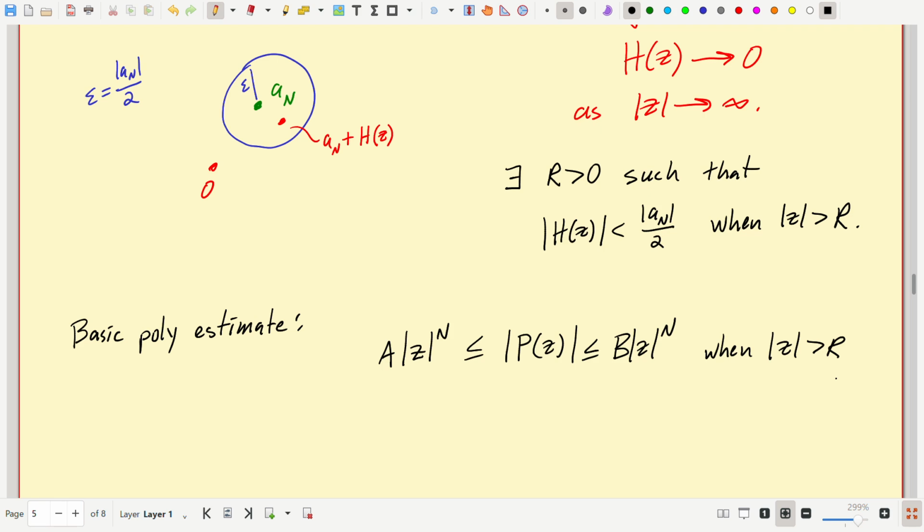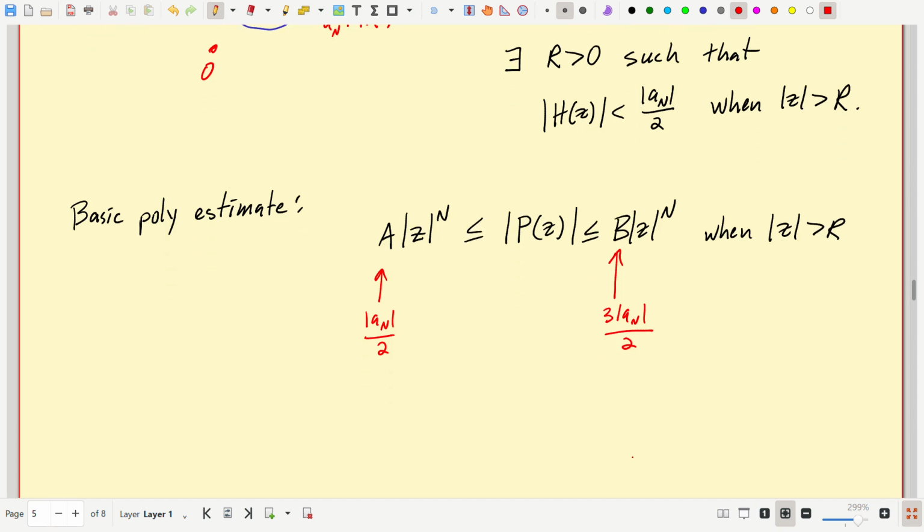Okay, so what's the A? The A in this picture would be the modulus of a_n over 2, and the B in this picture would be 3 times the modulus of a_n over 2.